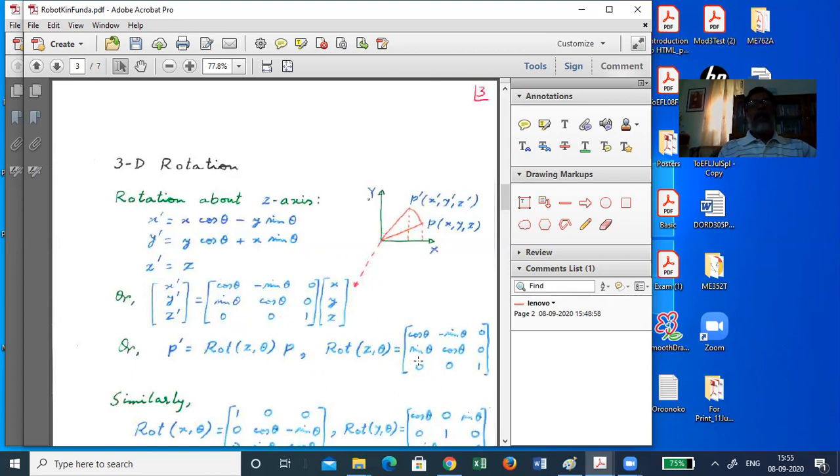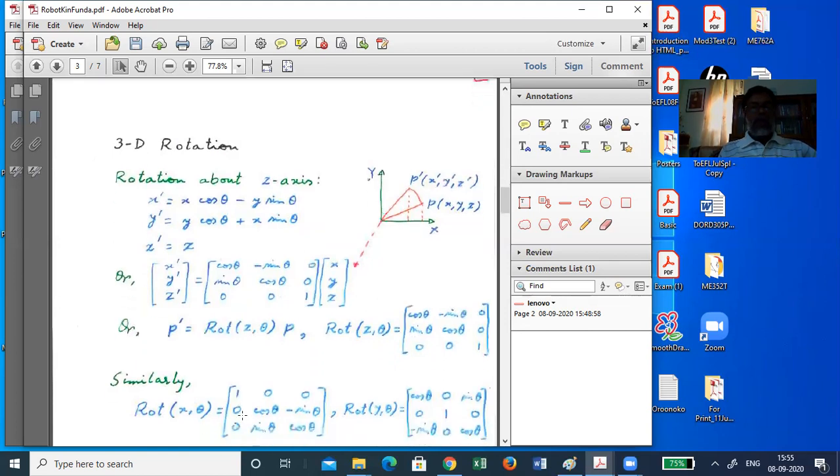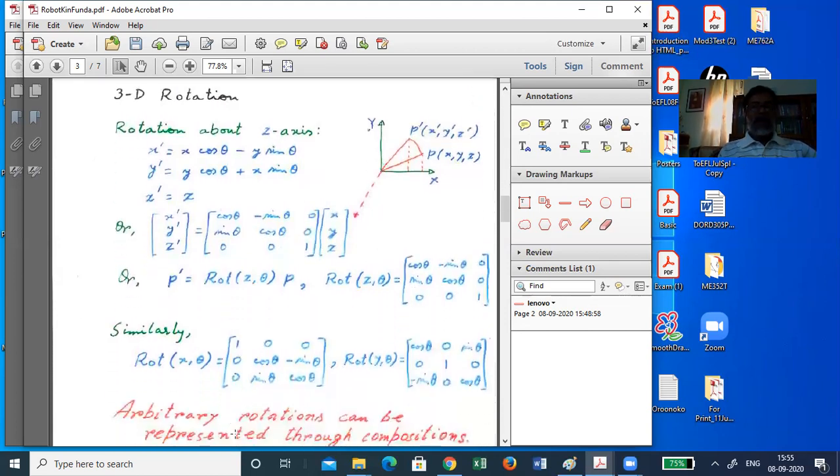Similarly, when it is about the x axis, the first column and the first row will be the dummy, and this sequence will be here, right?